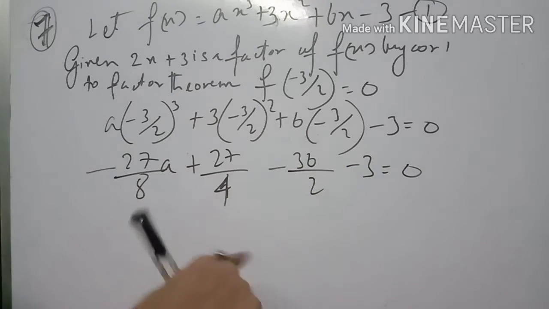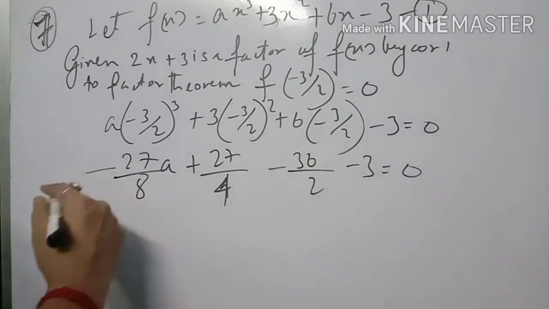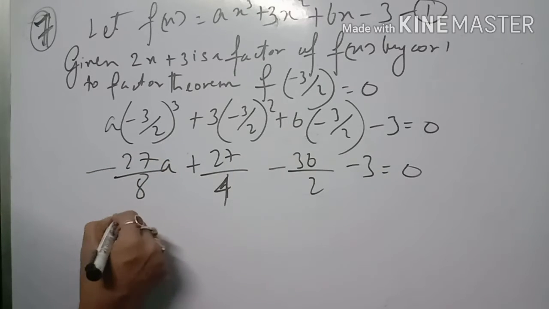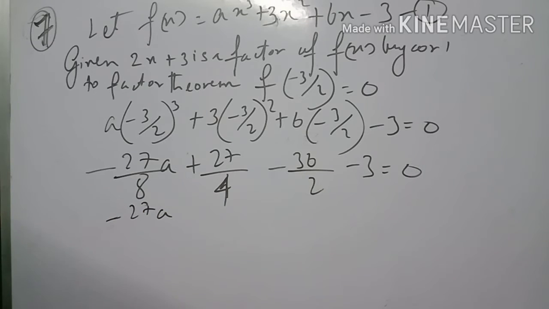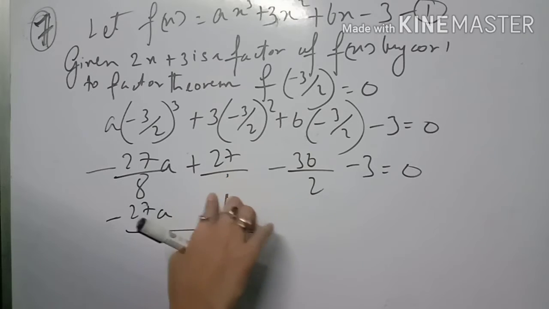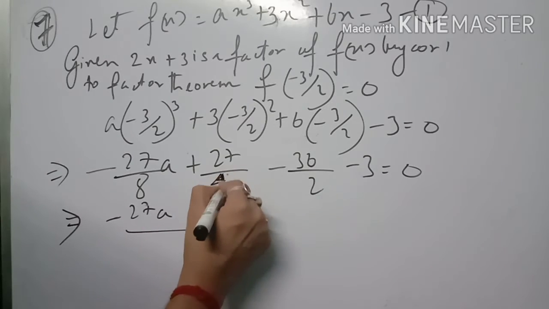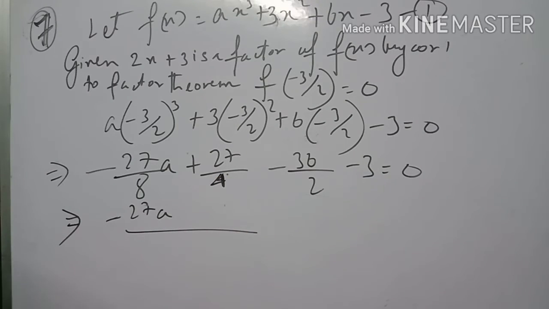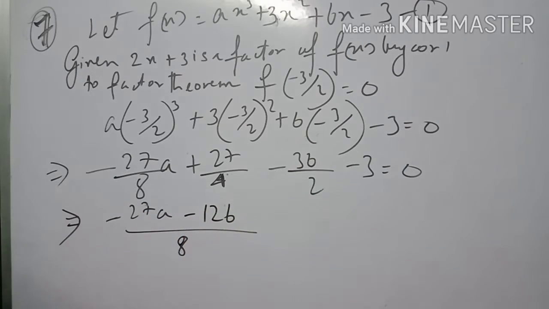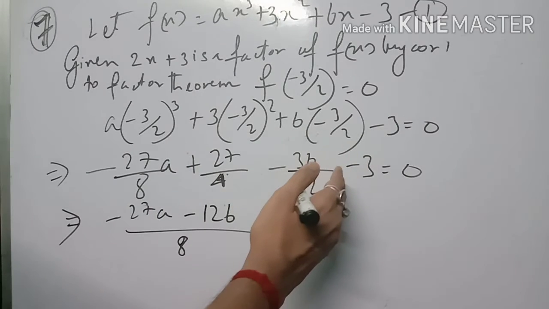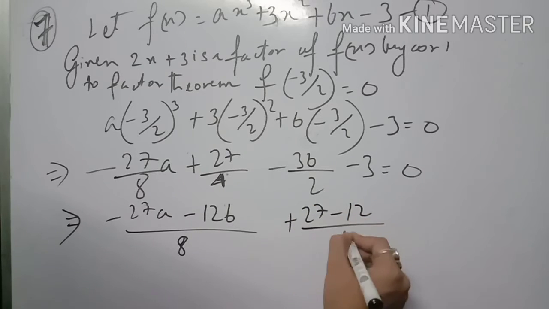Let me do this calculation. Did I miss the b? No. Fine. Let a and b terms be together, and the constants on the other side. If we do the LCM, it will become 8. So minus 27a minus 12b, and at this portion, minus 27 minus 12 by 4.